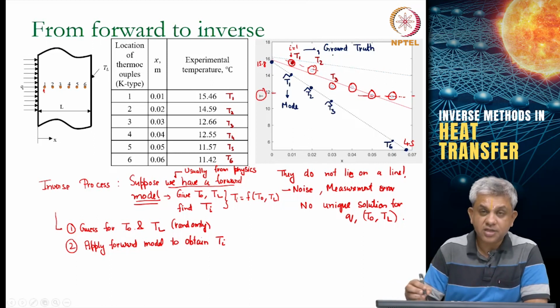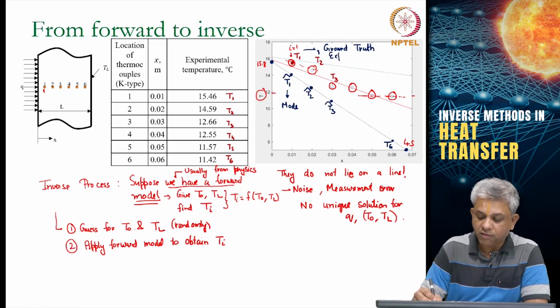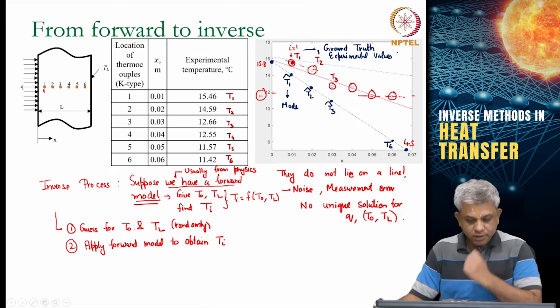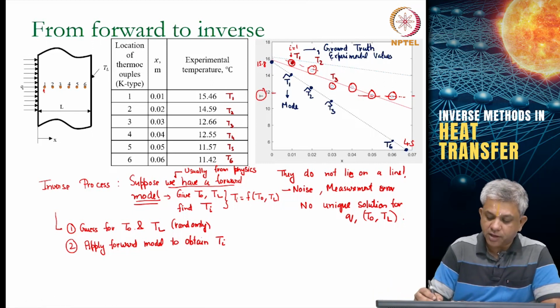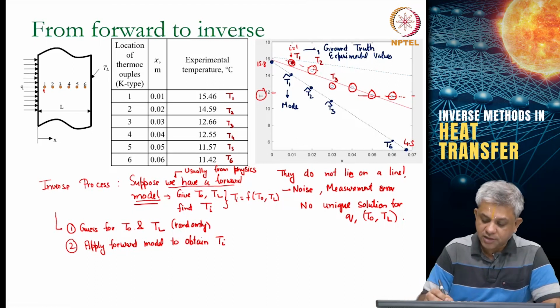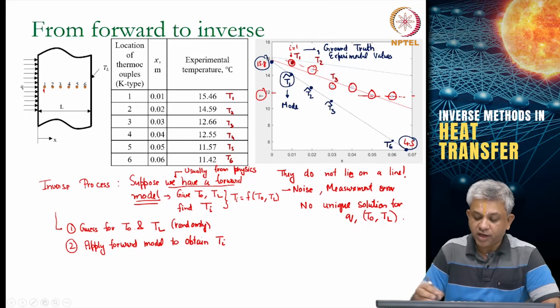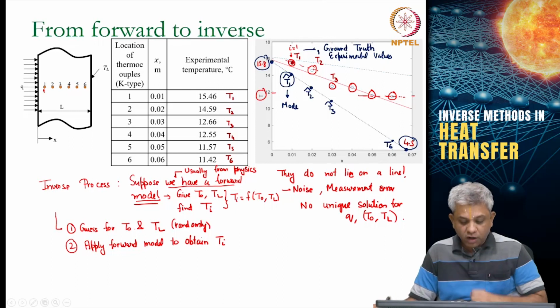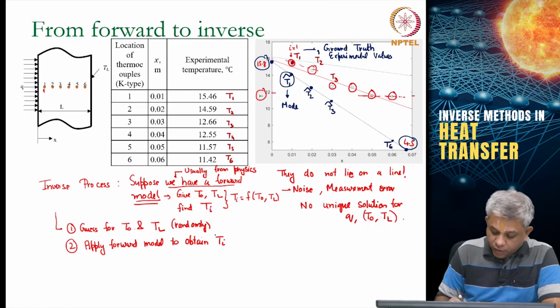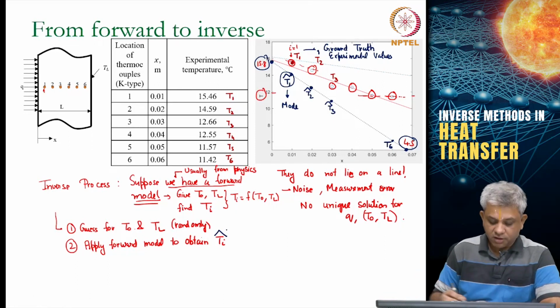These are the actual experimental values. So notice this: this is the experimental temperature, 15.46 for example here, whereas your model based on these bad random guesses of 15.8 and 4.5 gave you some other value which we are going to call T hat.